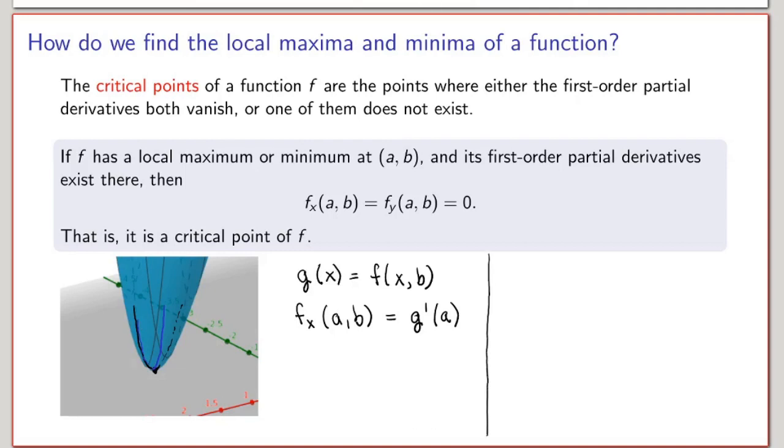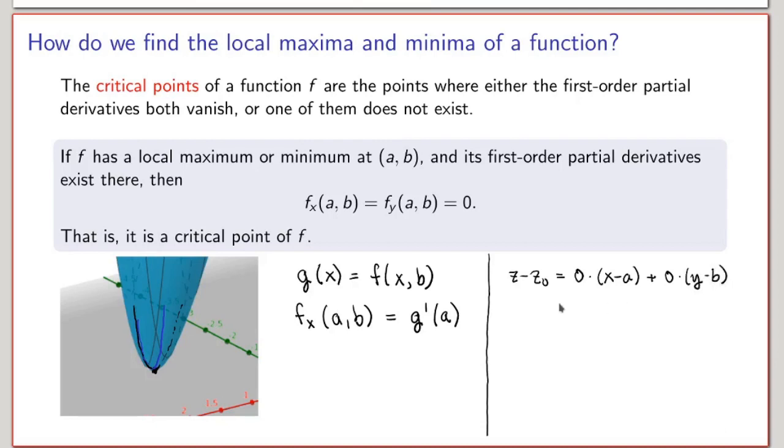There is also a nice geometric interpretation of this condition in terms of tangent planes. So recall that we can calculate the equation of the tangent plane to the graph of f at this point as follows. We get z minus z naught, where z naught is equal to the value of the function at this point, and this is equal to the partial derivative with respect to x evaluated at this point, which is just 0, times x minus a, plus the same thing in y.